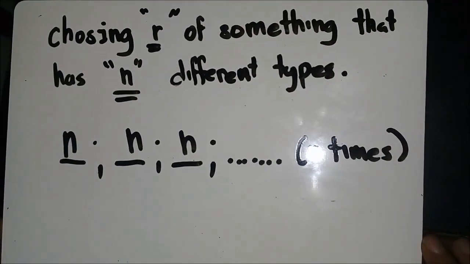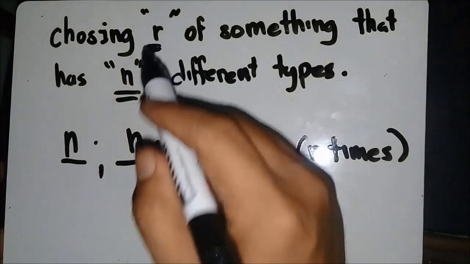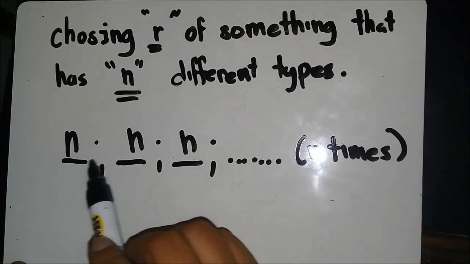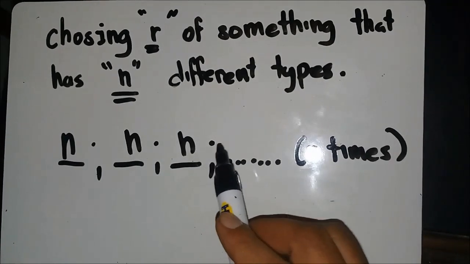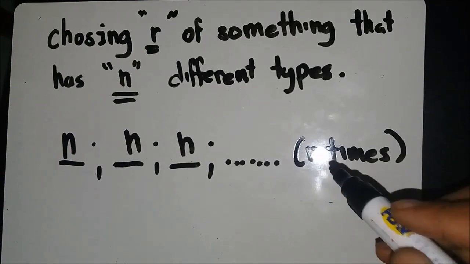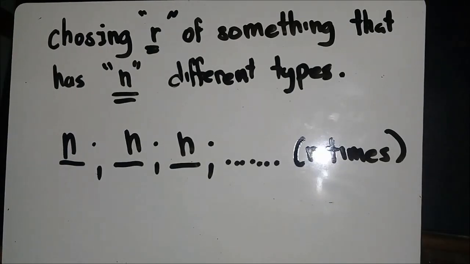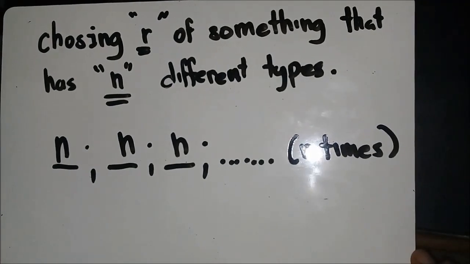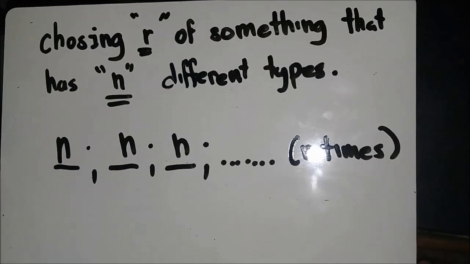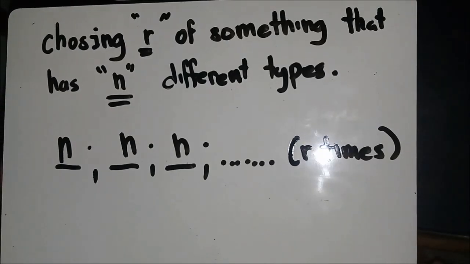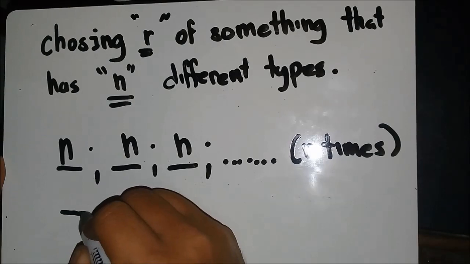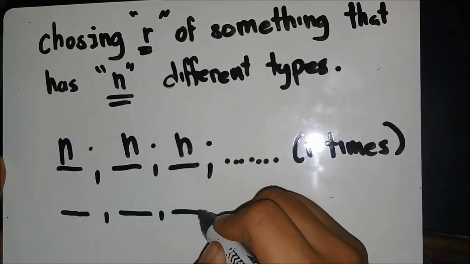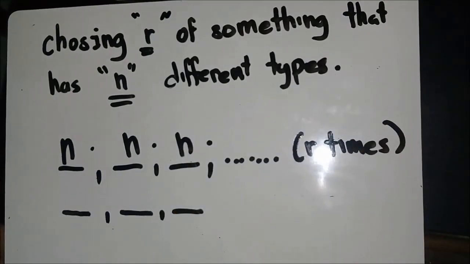If we are going to choose r of something that has n different types, then the permutation will be n times n times n, all the way, r number of times. You have to multiply n by itself r times. Let us take, for example, the permutation lock given earlier. We have 3 of something that we have to choose from 10 different types, from 0 to 9.